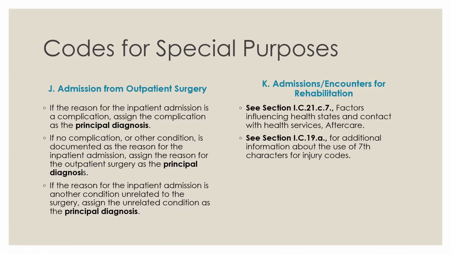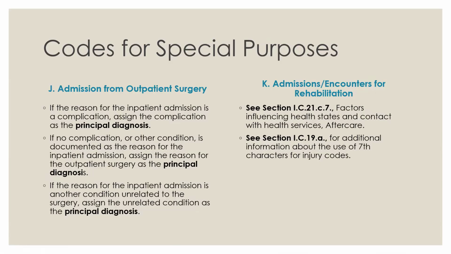If the condition for which the rehabilitation service is provided is no longer present, report the appropriate aftercare code as the first listed or principal diagnosis unless the rehabilitation service is being provided following an injury. For rehabilitative services following active treatment of an injury, assign the injury code for the appropriate seventh character for subsequent encounter as the first listed or principal diagnosis.